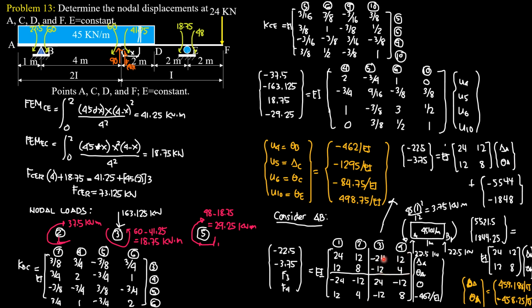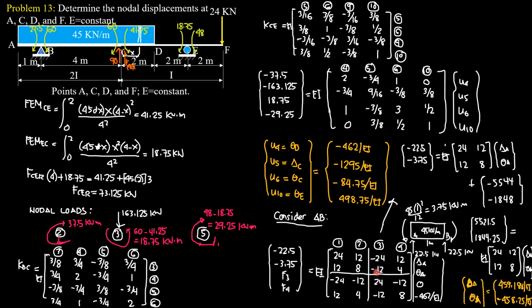Then this matrix 24, 12, 12, 8 times this matrix delta A, theta A, plus this matrix here, 3 and 4, times this known displacement 0, 0, negative 462. So negative 24 times 0 is 0. 12 times negative 462 is negative 5544.